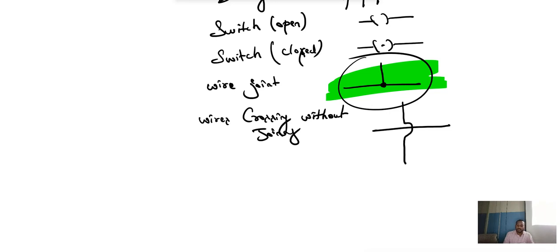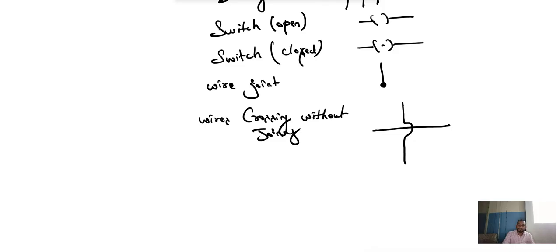Can you see this? This is one wire. This is one wire. For both the wires, we have a joint. So these two wires are crossing with joining. That is a wire joint.